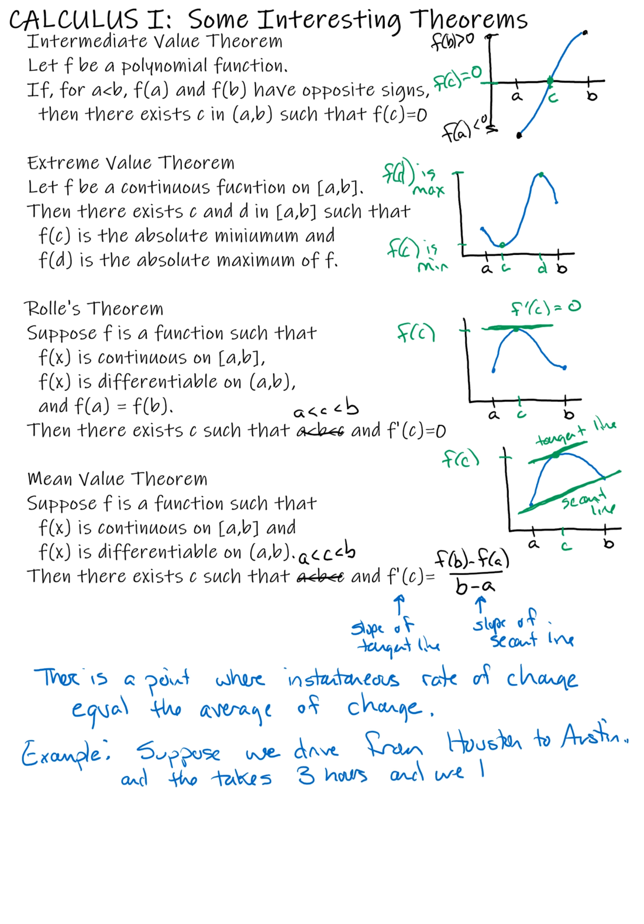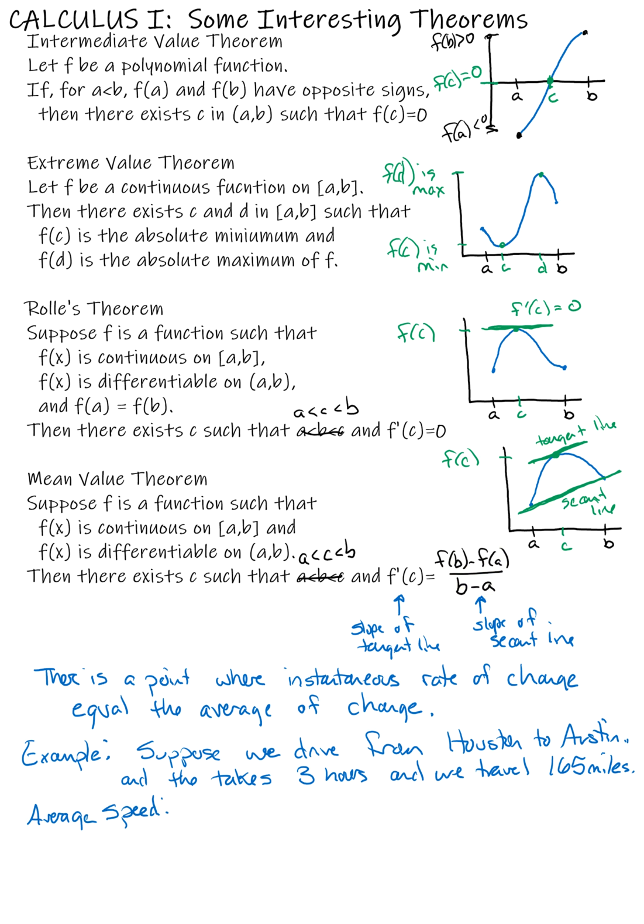And we travel 165 miles. So what is the average speed here? Well, our average speed, if we're looking at it in terms of the formula, would be 165 minus 0 over 3 minus 0. So our starting time and our starting distance is 0.